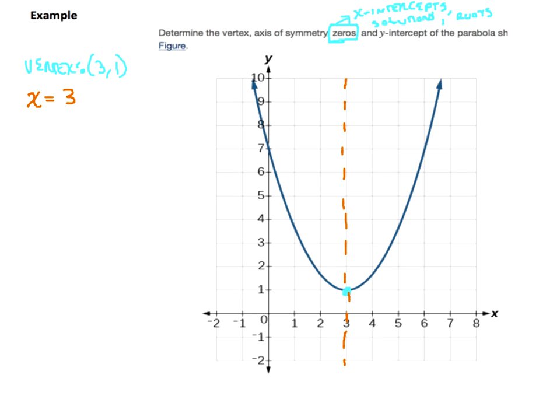So x equals 3 is the equation for the axis of symmetry. And then the y-intercept is 7. And I don't have any x-intercepts, so my zeros, I don't have any, not applicable.